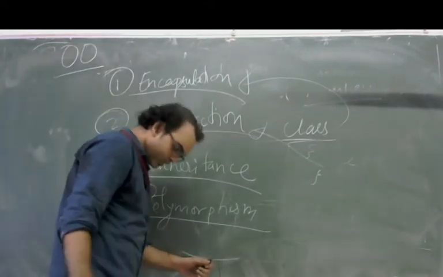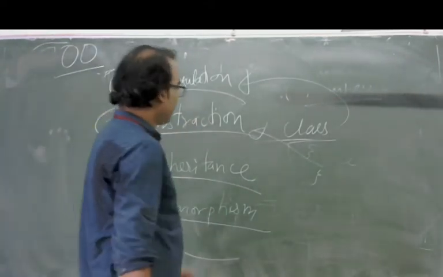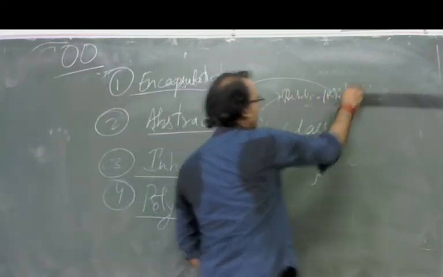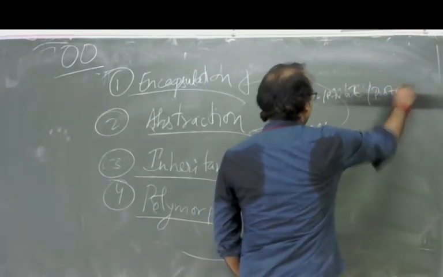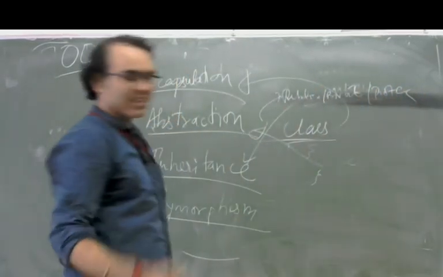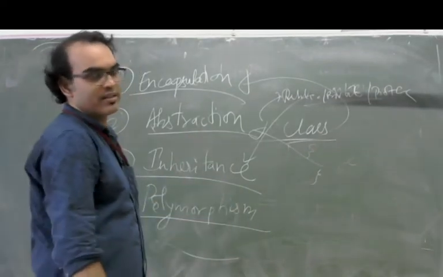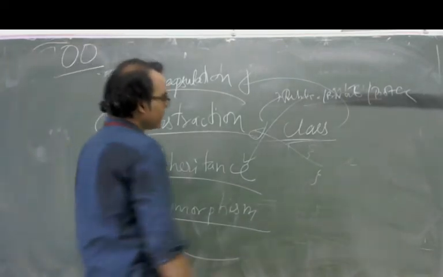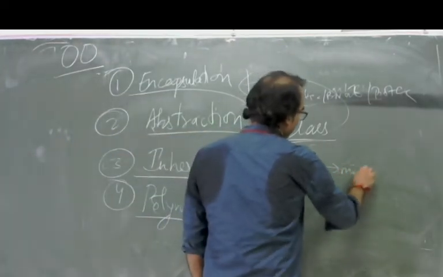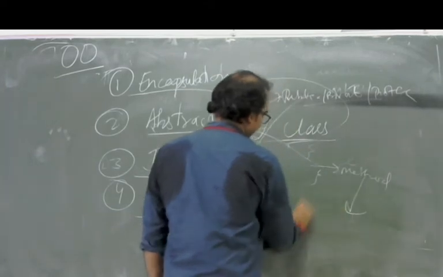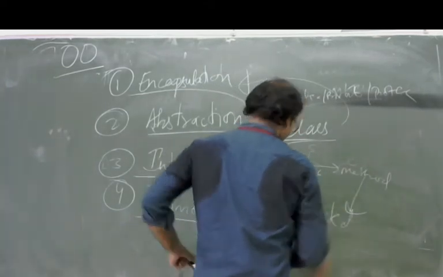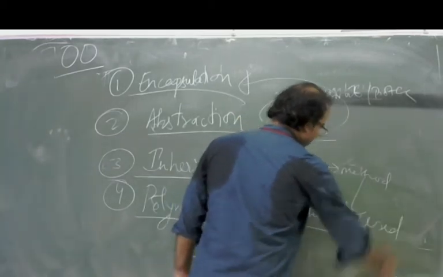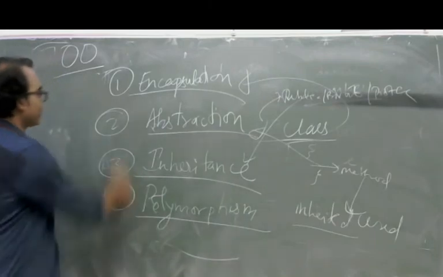You are already using the concept of abstraction. When you give access modifiers like public, private, protected, at the end of the day you are restricting the use of this method by the different instantiated classes. So you are already using inheritance. Polymorphism is the power of this method, and how, when it is inherited, it can be used in different ways is the concept of polymorphism.